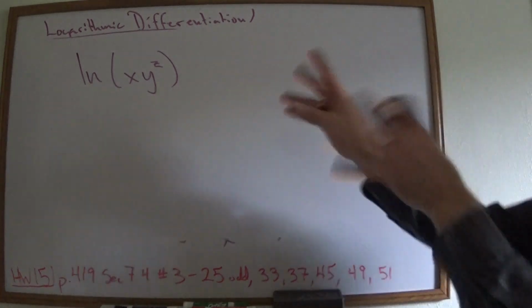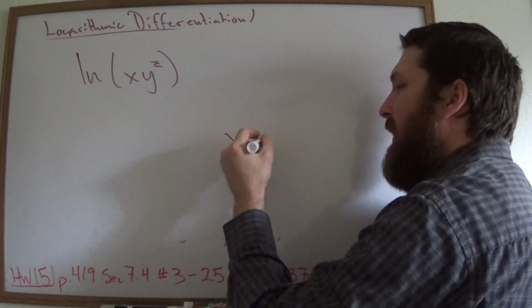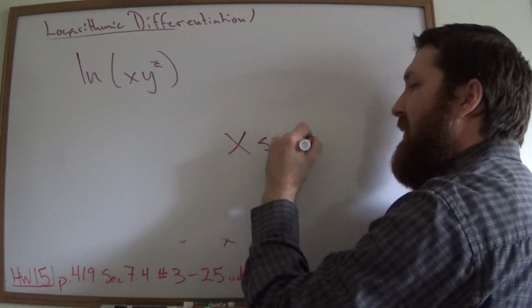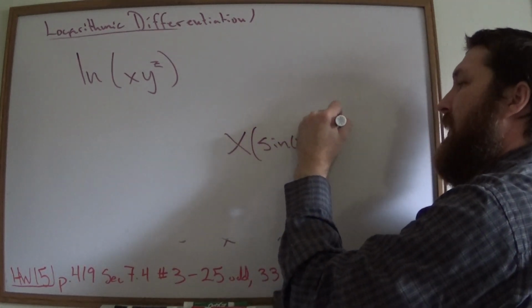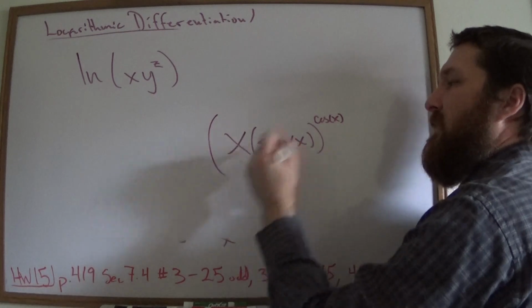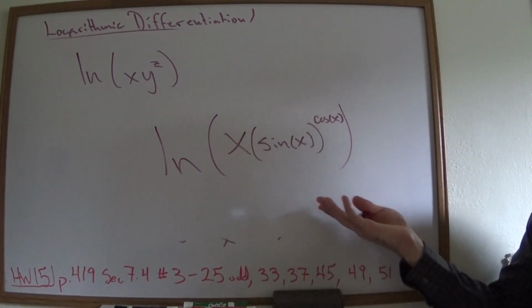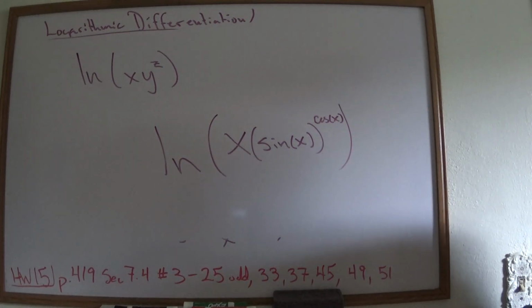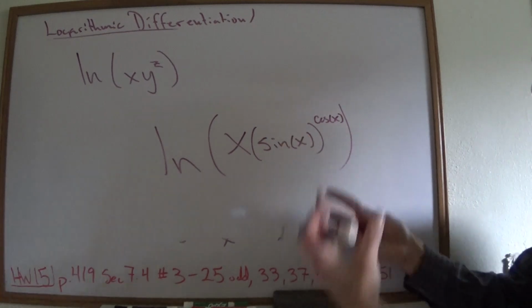Because if you just tried to take the derivative of, say, x times sine x raised to the cosine x, and you're taking log of that, and then just taking the derivative, it doesn't really help you because you haven't made your life any easier.